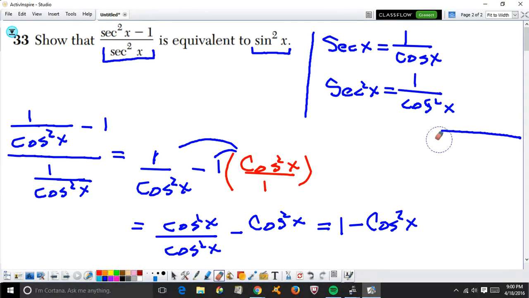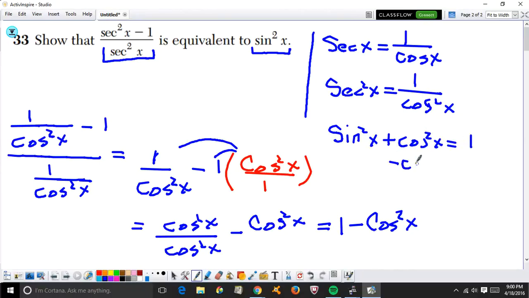Now another identity I would like to point out is the Pythagorean identity, which says that sine square plus cosine square is equal to 1. So we can modify this expression by subtracting cosine square from both sides.